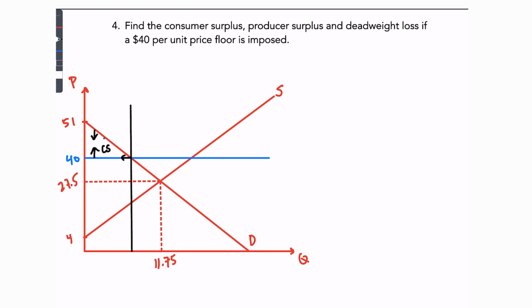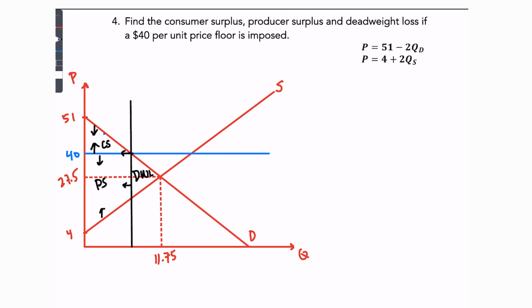So if I follow the rule of below price, above supply, left of quantity, that trapezoid is my producer surplus. And once again, this triangle here is your deadweight loss. Okay, so in order to find these values, we're going to need the new quantity and then use that quantity to find where it intersects with the supply equation.